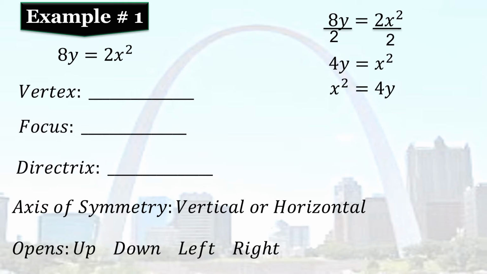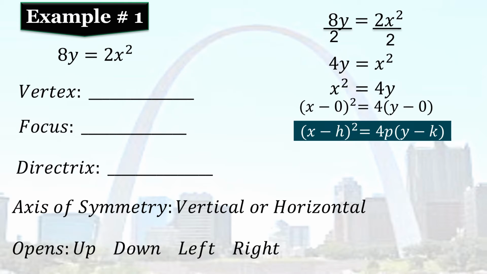And then interchanging, we have x squared equals 4y. This equation is equivalent to (x minus 0) squared equals 4 times (y minus 0). It means that we are going to follow (x minus h) squared equals 4p times (y minus k).